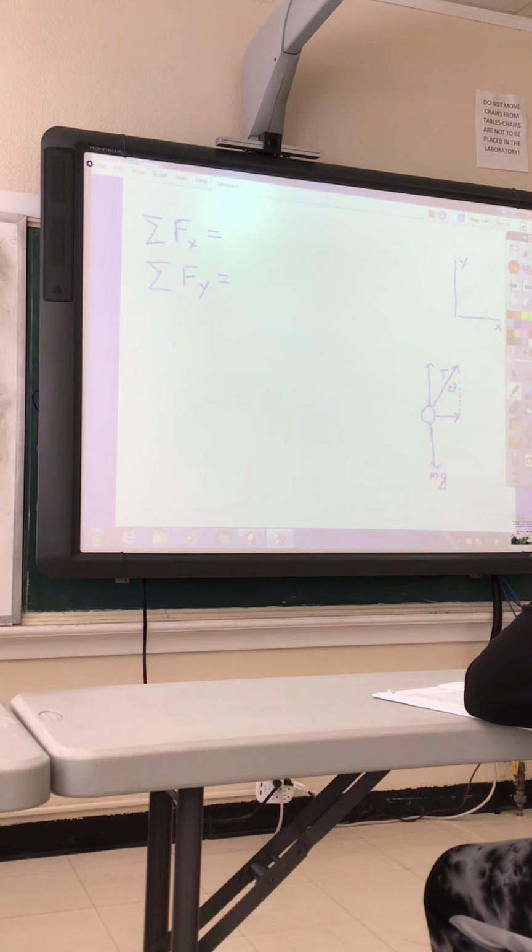We've got the free body diagram. I've labeled everything.